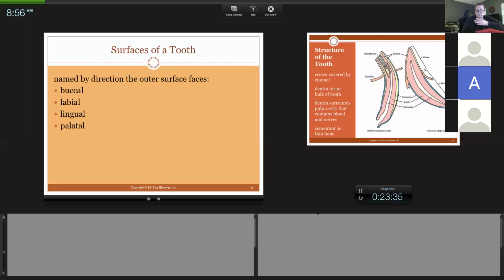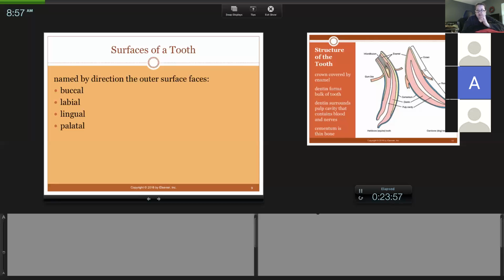Now, lingual is obviously on your bottom jaw, and that would be the inner part of your teeth that touch the lingual surface. Can I have lingual as a surface for my top teeth? Exactly.